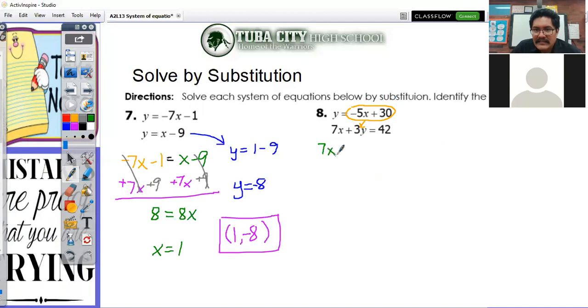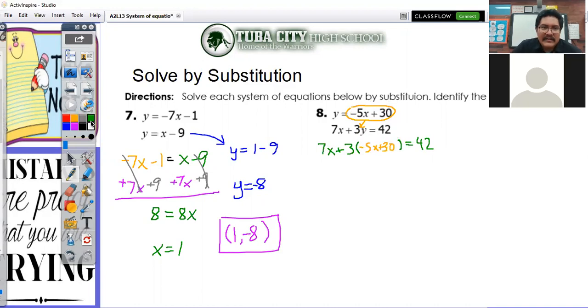So 7x plus 3y, but instead of y, I'm going to leave some space here. 3y equals 42. I said 42. There we go. 7x plus 3y equals 42, and I'm going to drop this in where the y used to be.